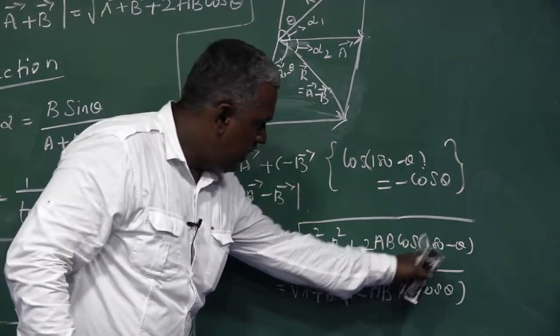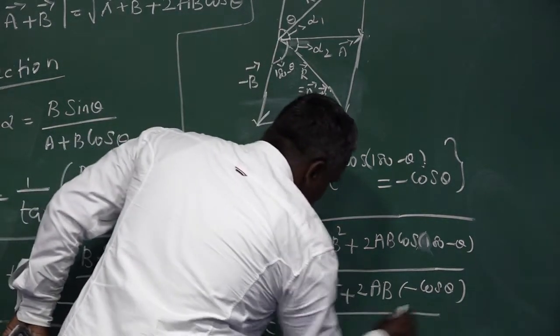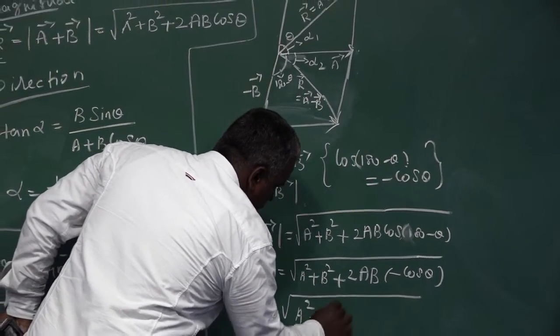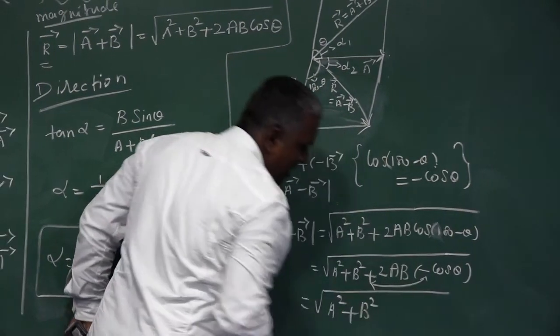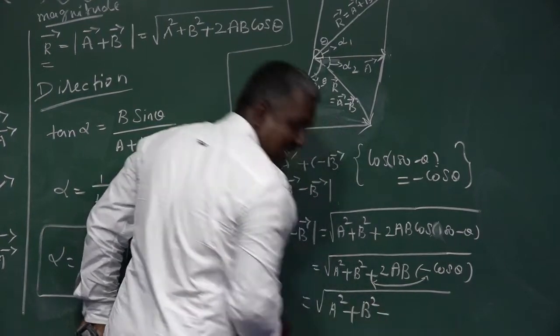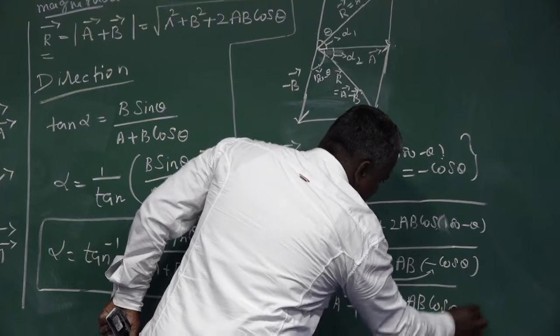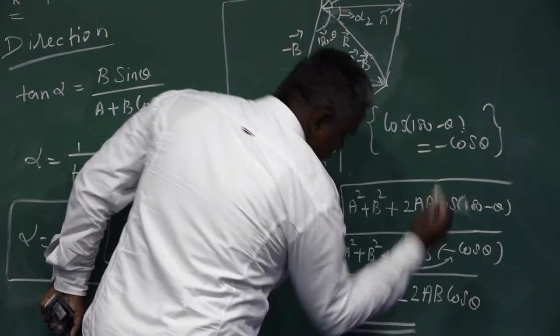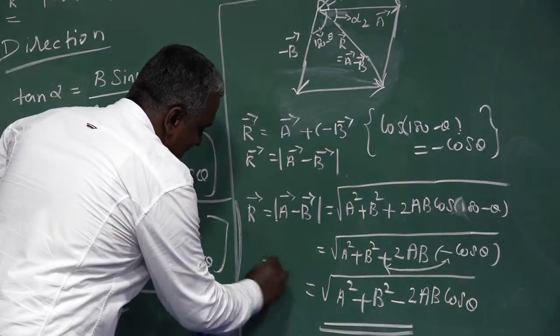So root of A square plus B square minus 2AB cos theta. This is the resultant vector.